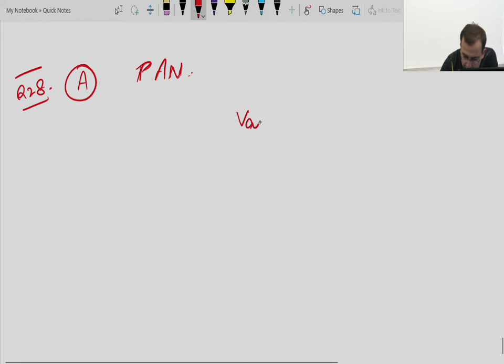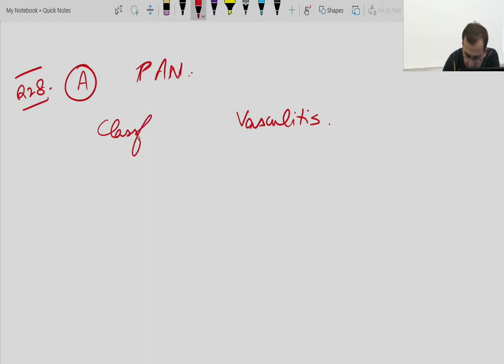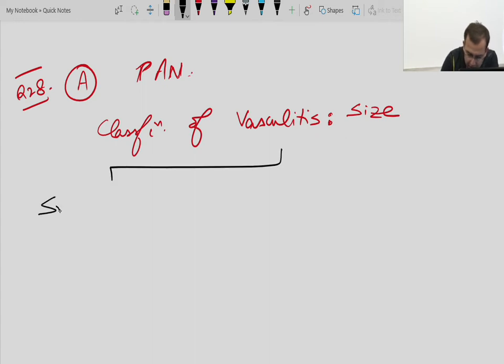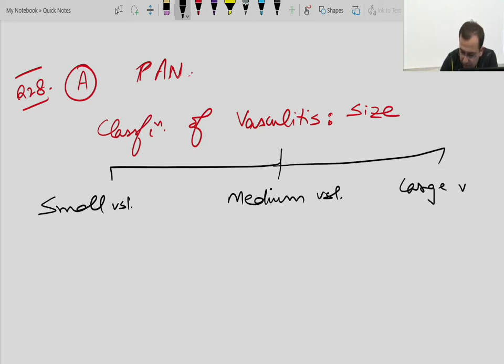Starting with classification of vasculitis on the basis of size of the vessel, I can divide it into three types: small vessel, medium vessel, and large vessel vasculitis.